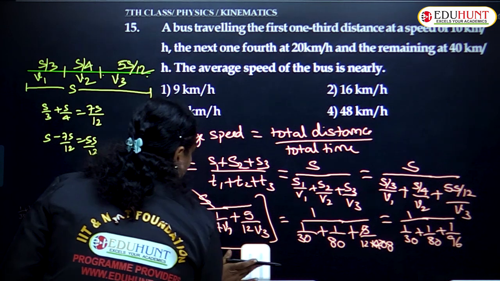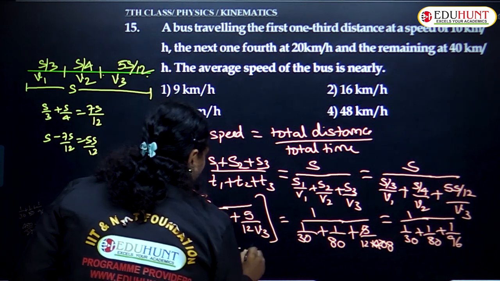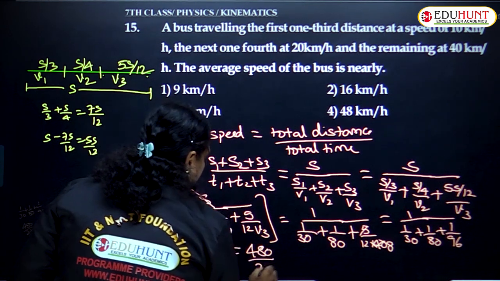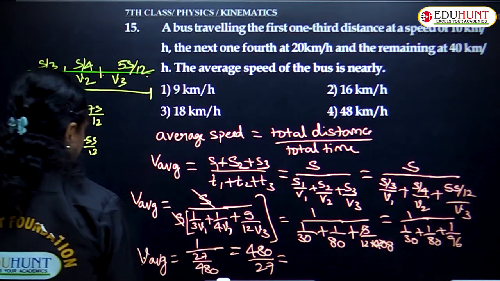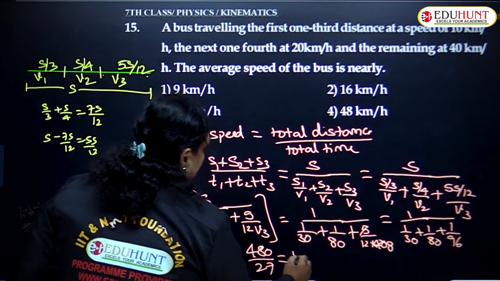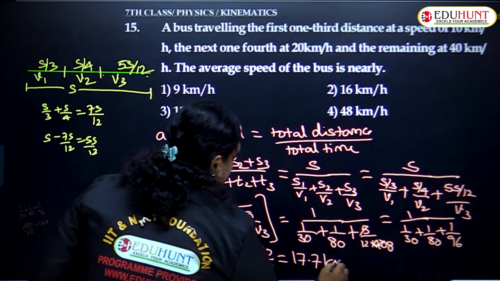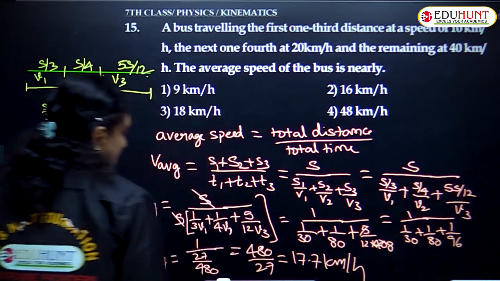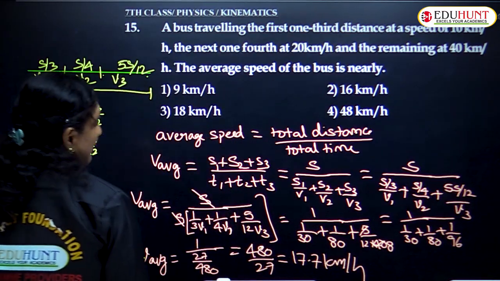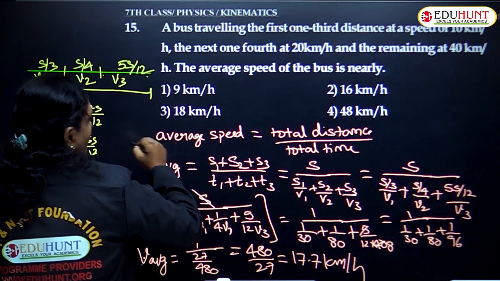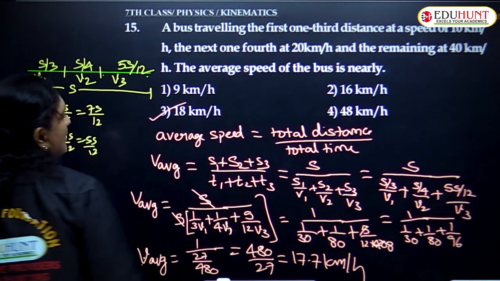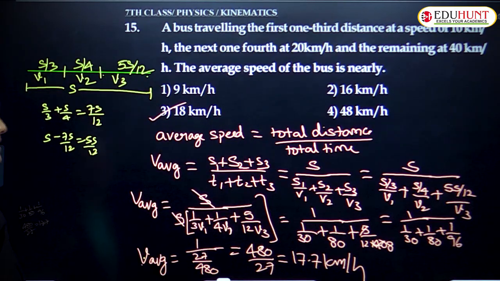This is also equal to 480 upon 27, and hence after further simplification, it is found to be around 17.7 km per hour. So among the options, the nearby value of 17.7 would be 18 km per hour, which would be your answer. So the 15th answer is 18 km per hour.